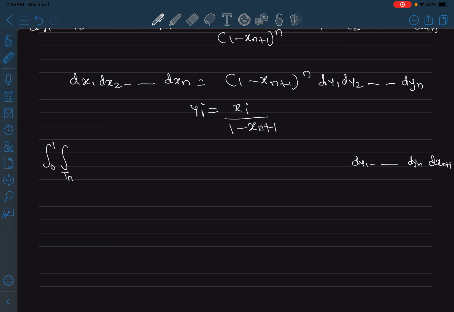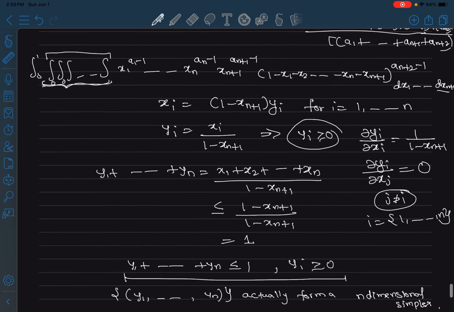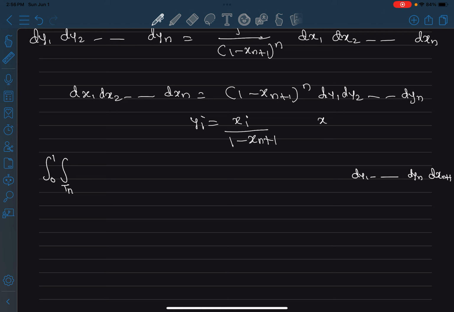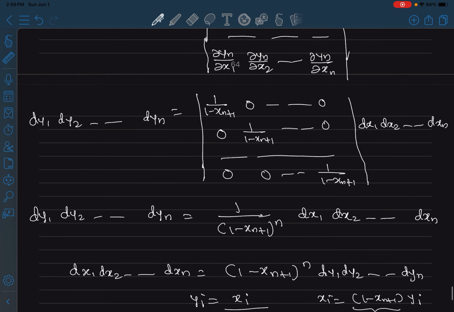Now for all this product of x1, x2 up to xn, xi will just be 1 minus xn plus 1 times yi. So there will basically be n such 1 minus xn plus 1 factors. Actually n or n plus 1?